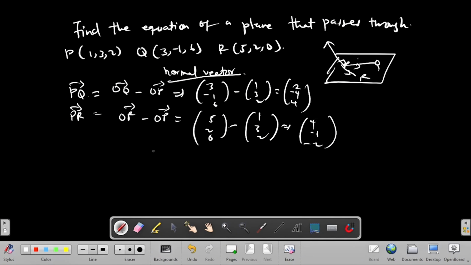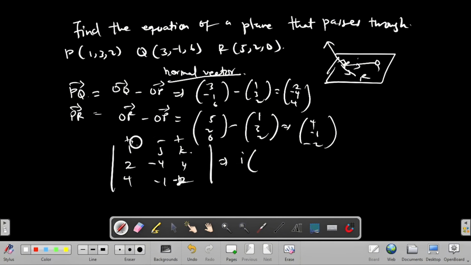At this point, I'll find my cross product, and it's simply i, j, k. First one becomes your second row, 2, -4, 4, then the last one, 4, -1, -2. Then you find your determinant, as simple as that. So I'll have my vector i, plus, minus, plus. It will cancel.